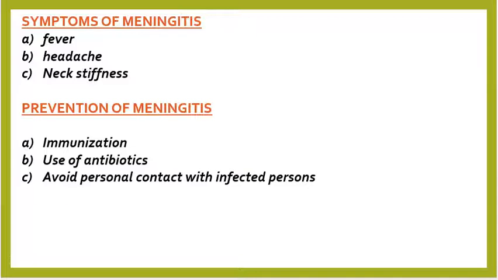That's immunization. B, use of antibiotics. Antibiotics is taken from the word against, or means against bacteria. So these are the use of certain chemicals that help to fight, destroy or kill the bacteria as soon as they try invading the system. And C, avoid personal contact with infected persons. That is very important.